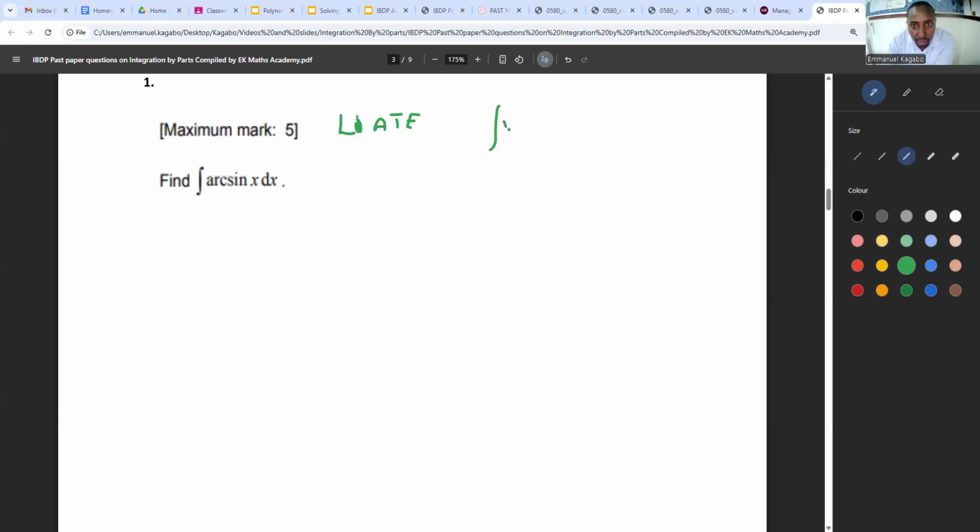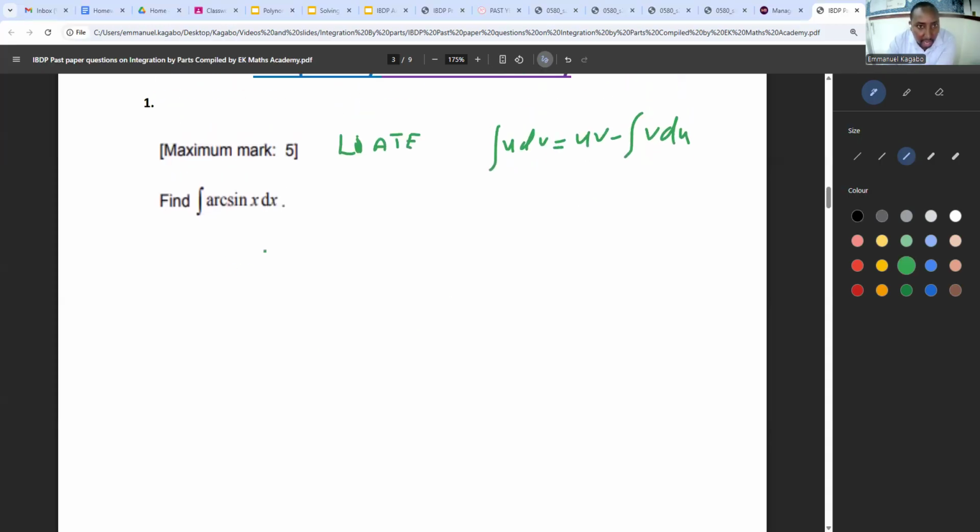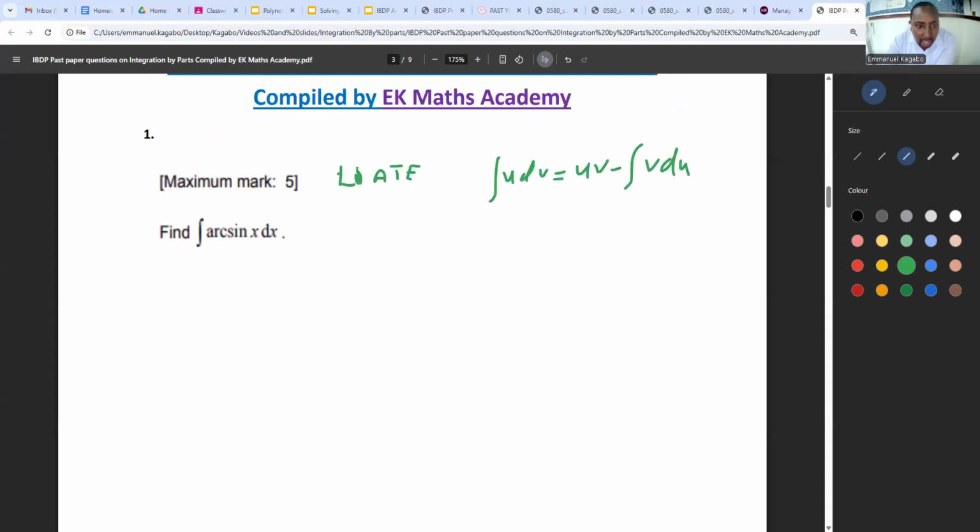It's integration of u dv equals u v minus integration of v du. I'm keeping the formula here. Okay, very good. Now, when I use LIATE, this one is not a logarithmic function, it's an inverse trigonometry. So that means my u is going to be arcsin x. Very good. Now, what is my dv?